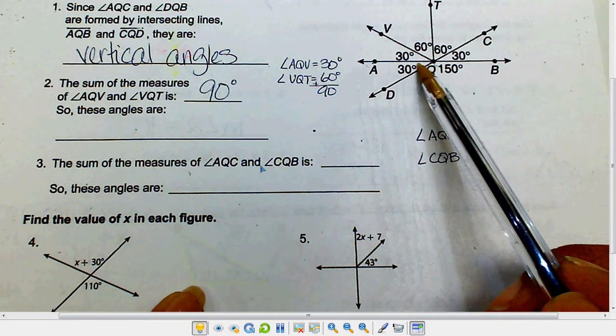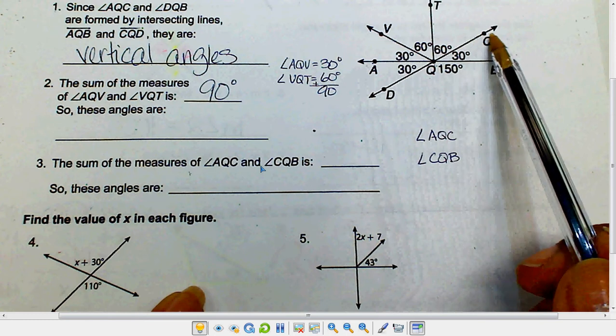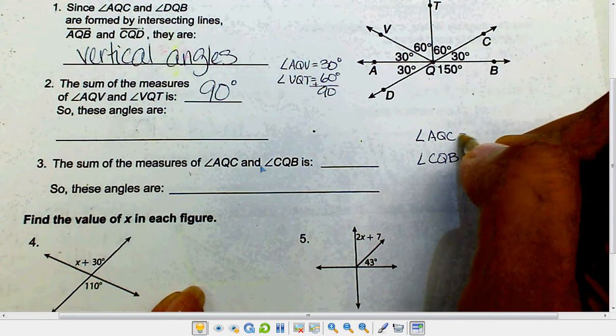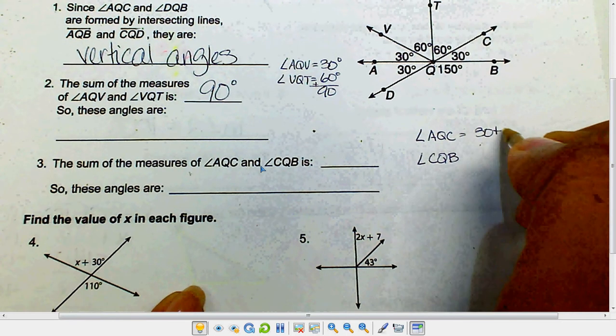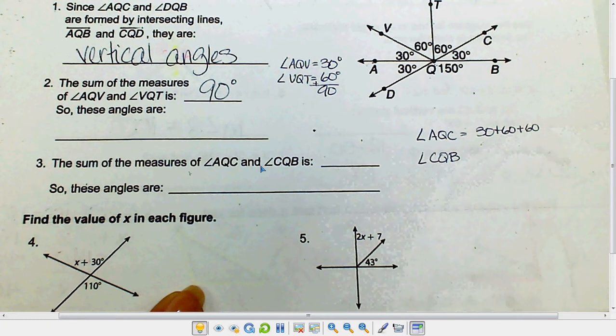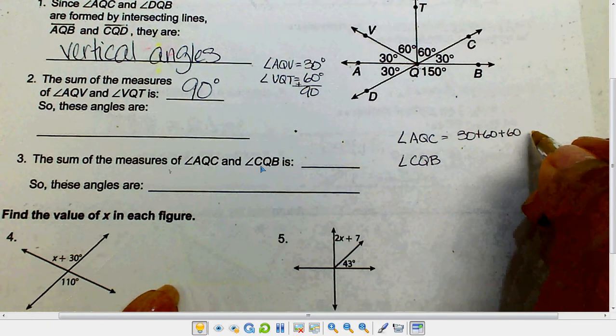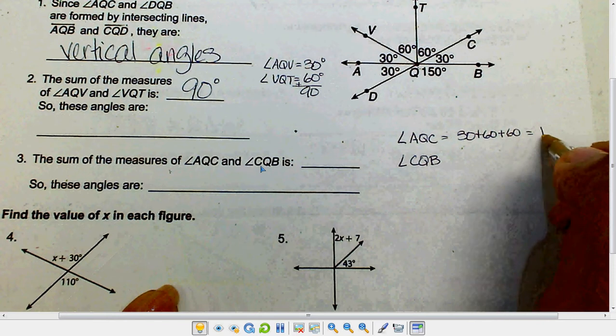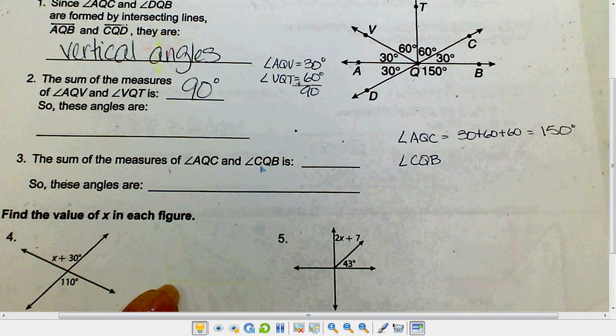Inside where you see me tracing my pen, we see 30 plus 60 plus 60. So altogether, AQC is 150 degrees.